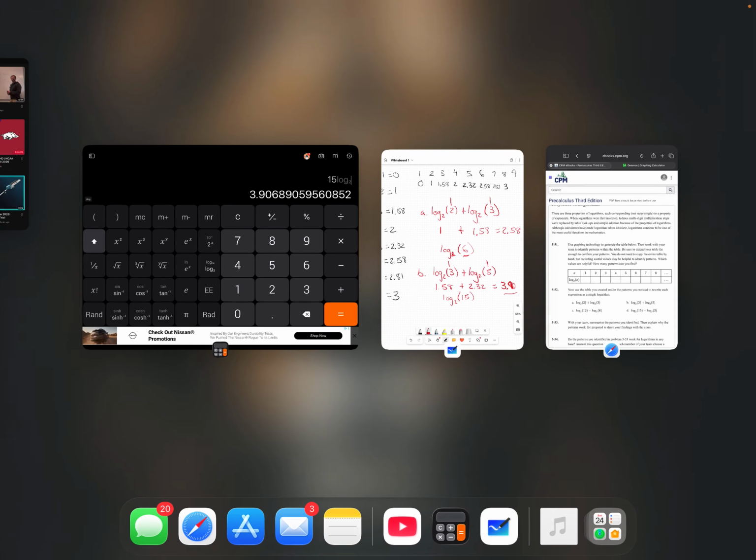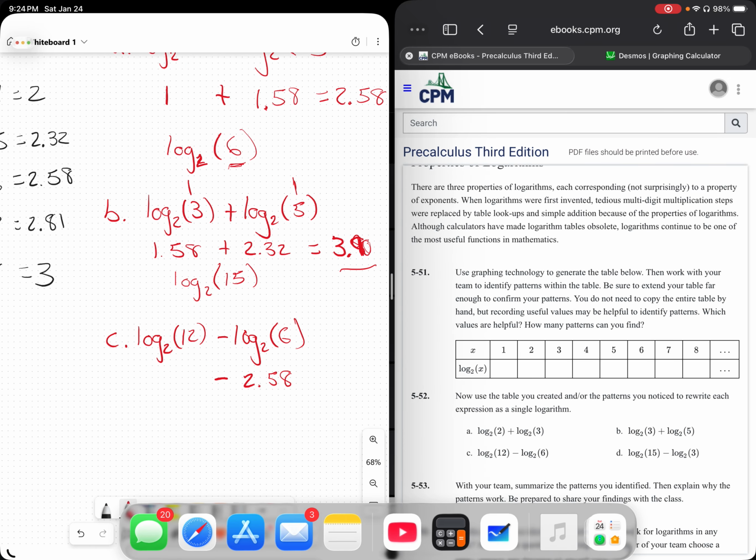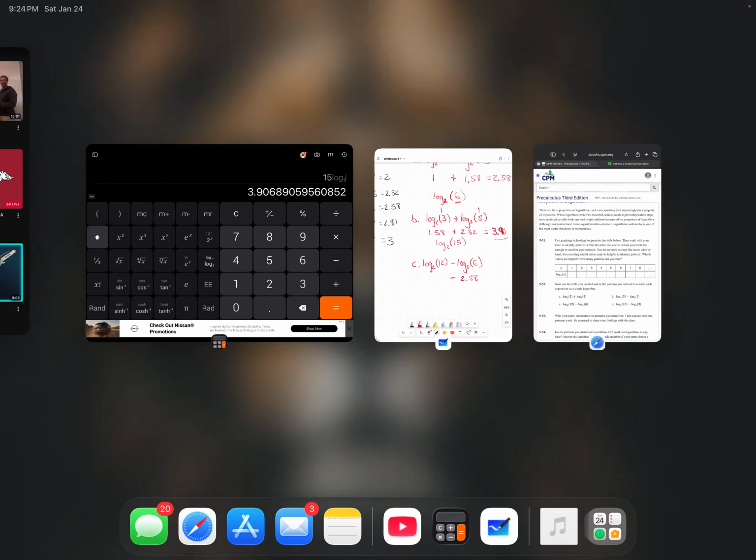Now let's look at C, the subtraction: log base 2 of 12 minus log base 2 of 6. We didn't do 12, but we know log base 2 of 6 is 2.58. Let's figure out what log base 2 of 12 is. Let's pull up our calculator.